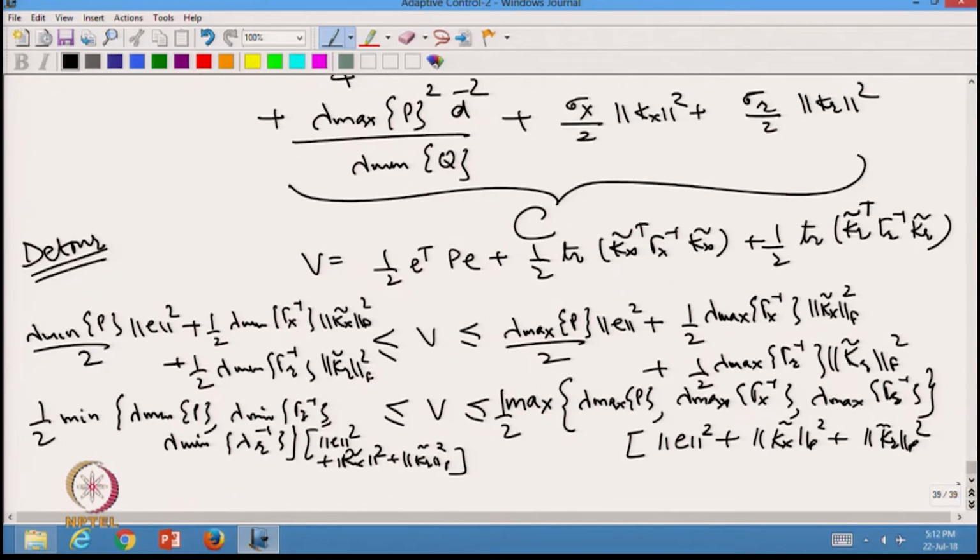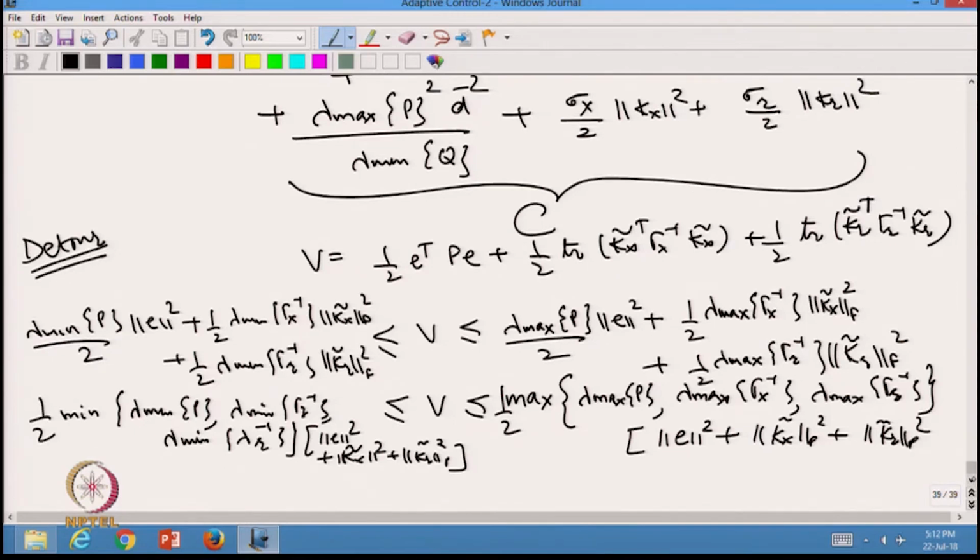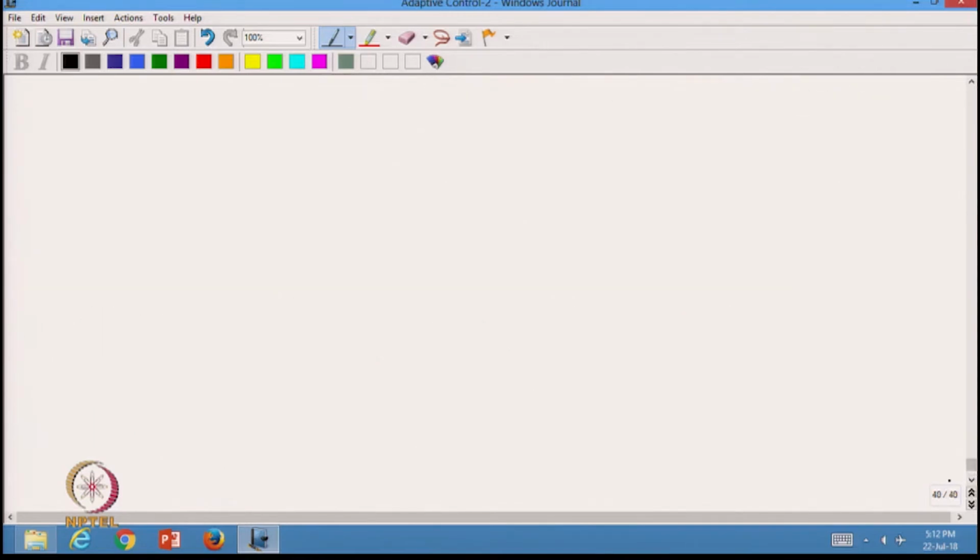What we can in fact say in a tidy way is that V can be upper and lower bounded by some lambda 1 times e square plus norm of Kx plus norm of Kr.